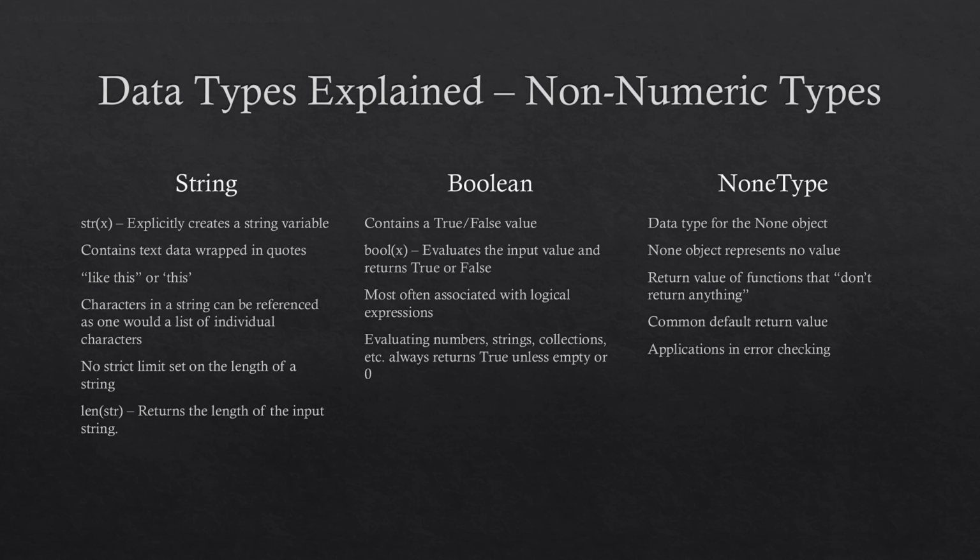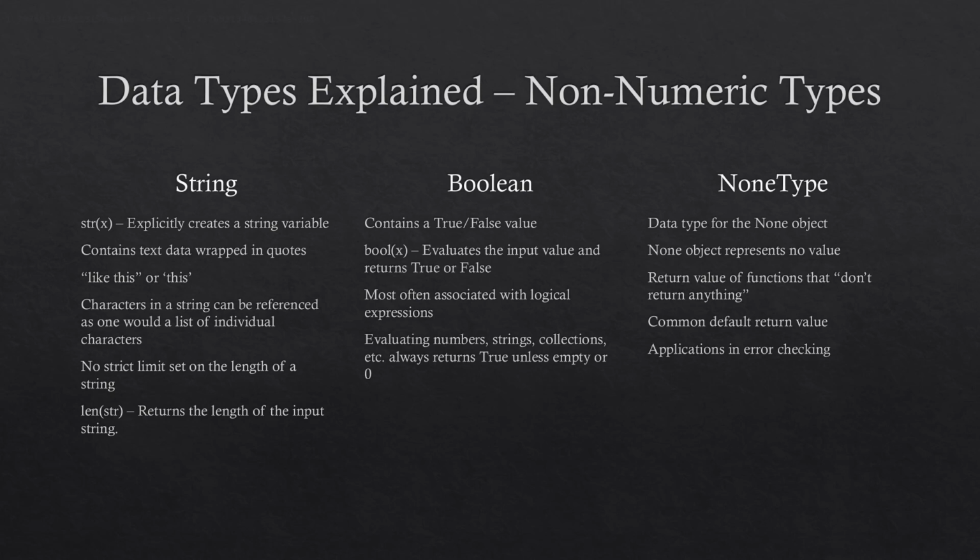Any number that is not 0 is true. Like it says, evaluating numbers, strings, collections, etc. always returns true unless it is empty or 0. So an empty list or an empty string is going to be false. If you give those any other information, they are true. And that can make your code really more readable or really compact depending on how you use it.